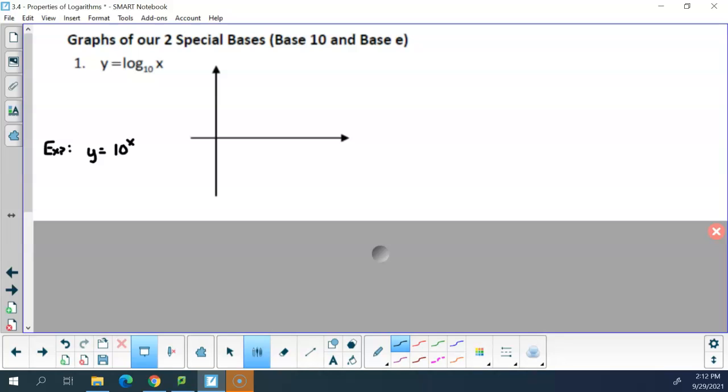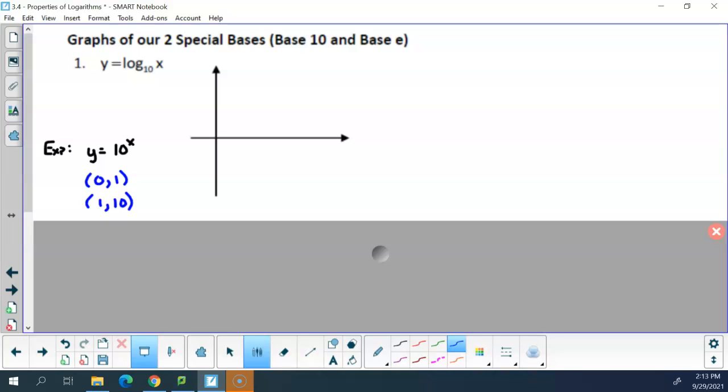Okay? So back when we were dealing with exponential functions, we said we need to graph 2 points where the exponent is equal to 0 and where the exponent is equal to 1. Well, if the exponent is 0, then that's the point 0, 1. If the exponent is 1, then that's the point 1, 10.